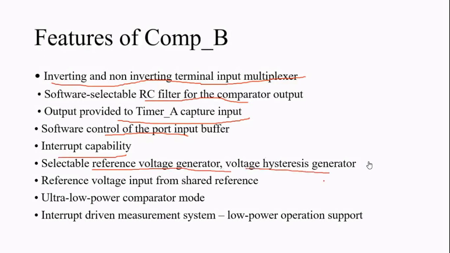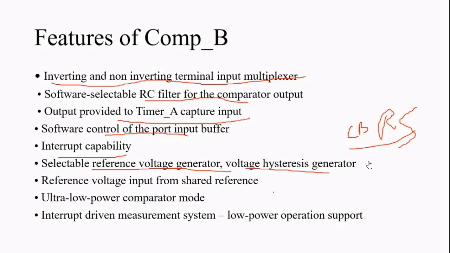In the block diagram, one reference voltage generator is there. It will generate different types of voltage, and we can select any one with the help of the CBRS bits. We can see that at a later stage.